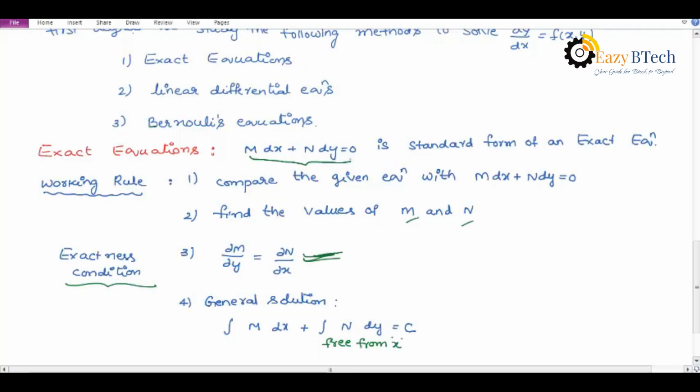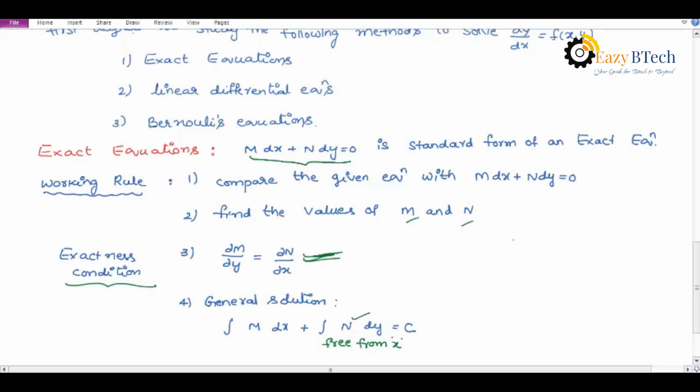To find the general solution, integrate M with respect to x and N with respect to y, that is, integral M dx plus integral N dy. When integrating with respect to y, the N term is free from x. What is the meaning of free from x? If the x variable is there in the N term, then there is no need to integrate that particular term.